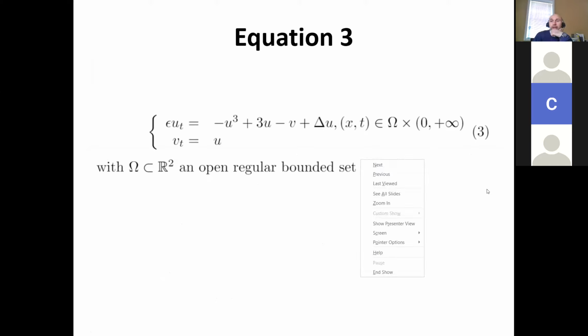Okay, now, because it's almost 2 hours, I'm just going to give you a flavor of what's going on. So now we move forward with my second equation, which is in fact equation number 3.